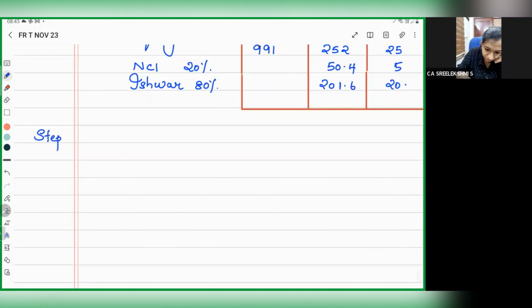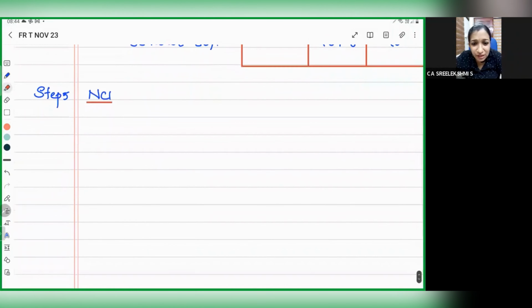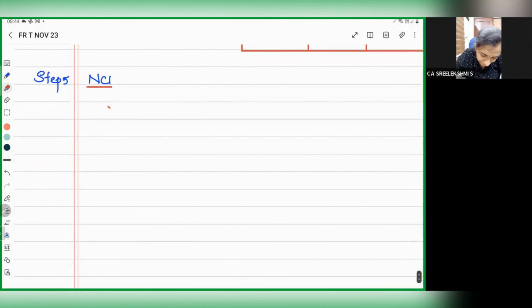Step 5. NCI. Fair value of shares of Vinayak. Vinayak, the acquiree company. The acquiree company's fair value is not given. So long as the fair value is not given, we'll calculate opening NCI under what method? Proportionate net assets method.